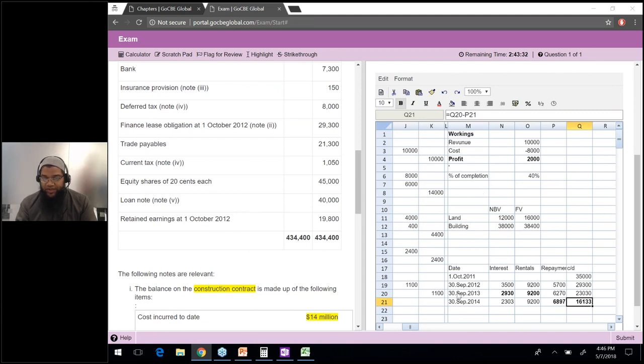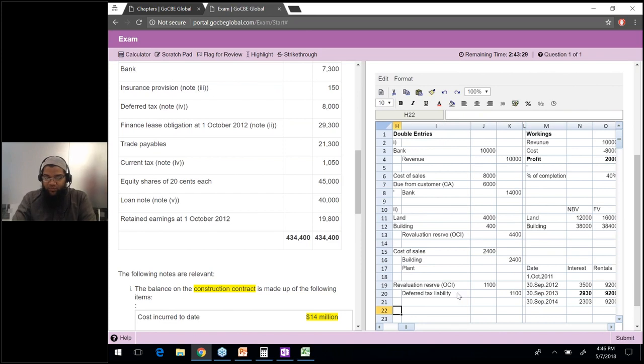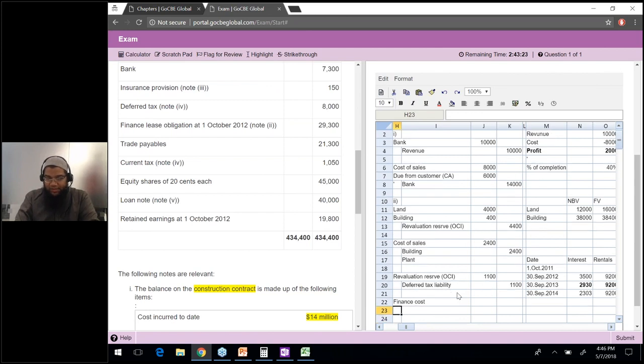So what we can do is we can prepare a single entry covering all values, being finance cost debit, lease liability, which was recorded by the question.